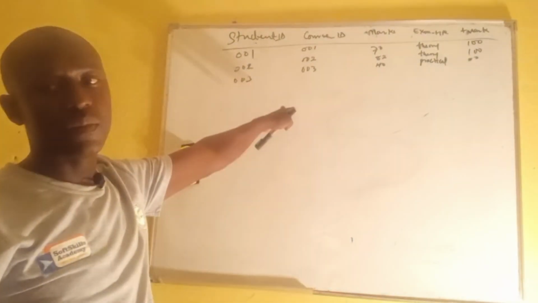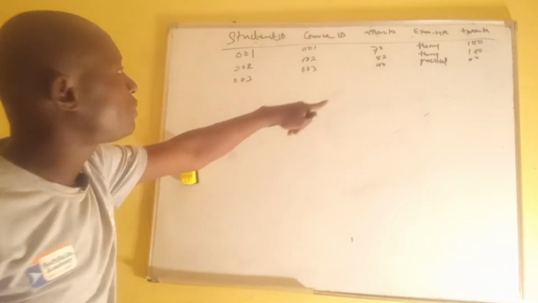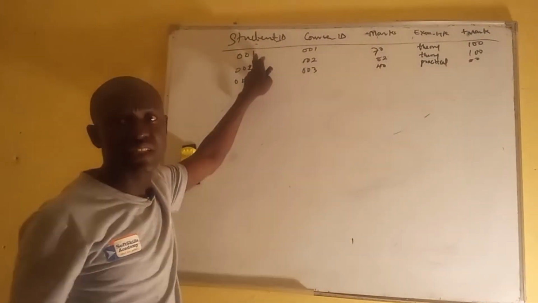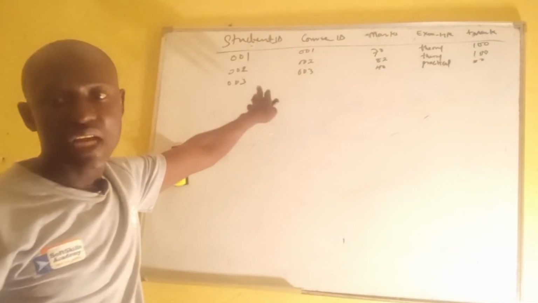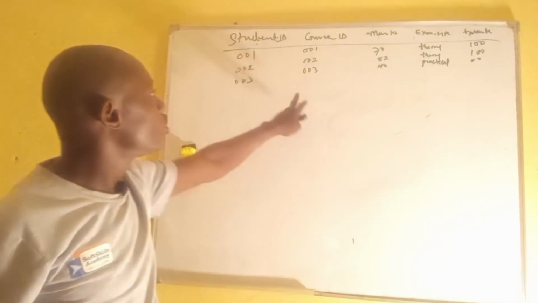Looking in the above table at the column exam type, if you look at it very well, it depends on what? Exam type depends on the student and the course ID.